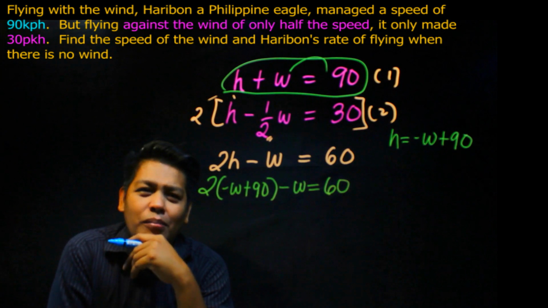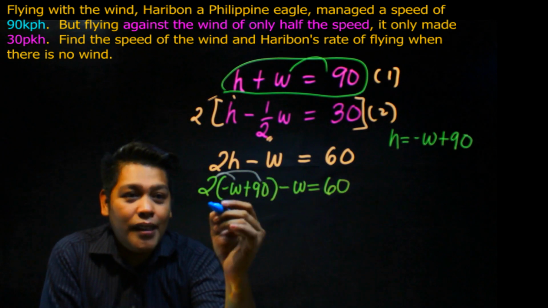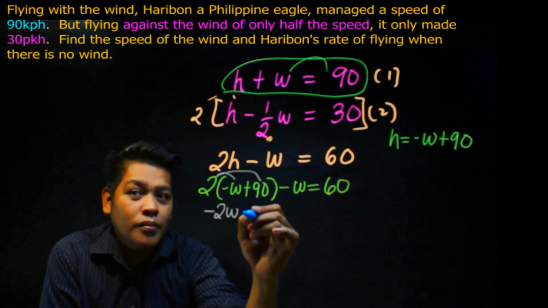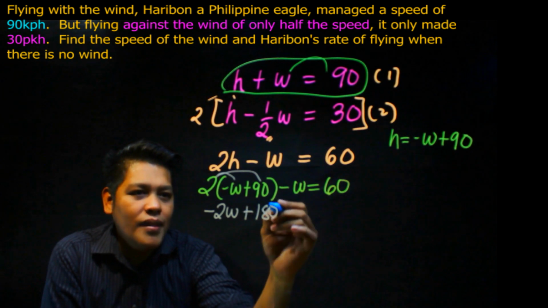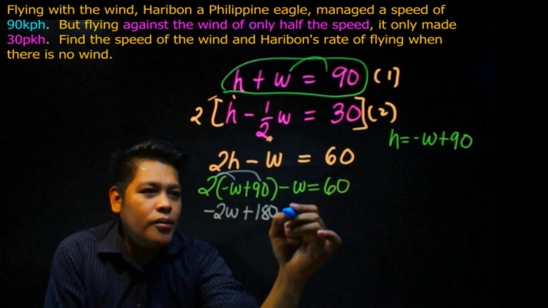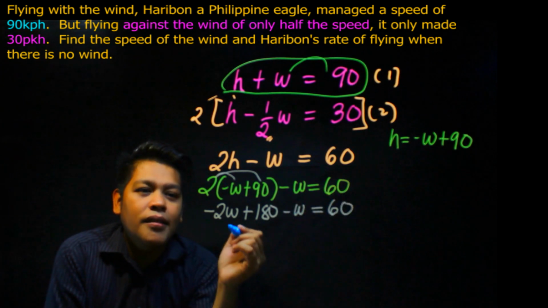So, magagamit talaga yung distributive property na yun. So, distribute. So, negative 2W plus 180 kasi 2 times 90 is 180. Then, minus W equals 60.